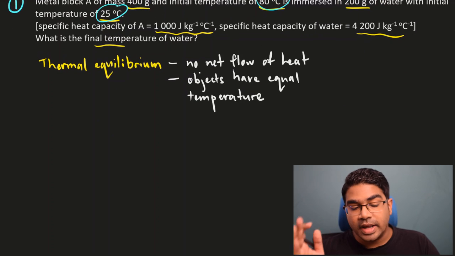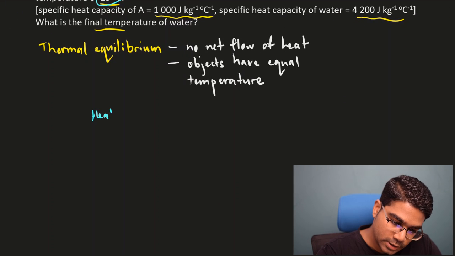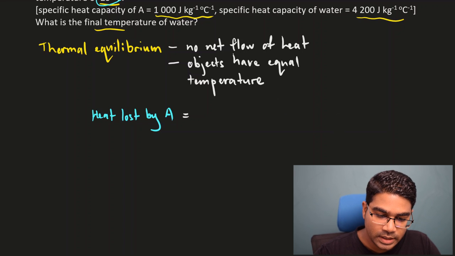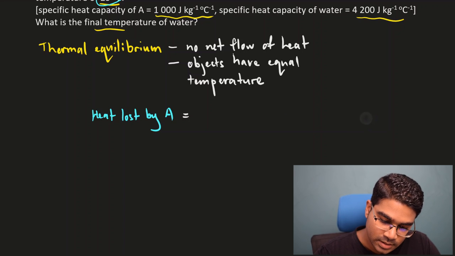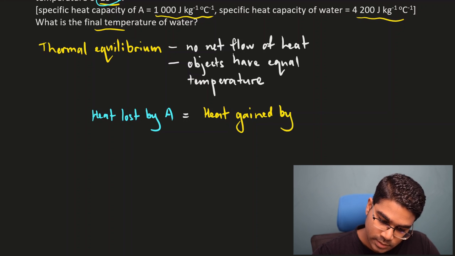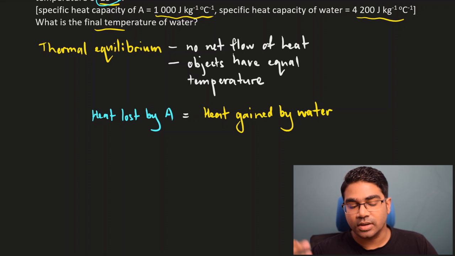By conservation of energy, heat energy lost by A equals the heat energy gained by water. This is of course assuming an ideal scenario where no heat is lost to the surrounding.